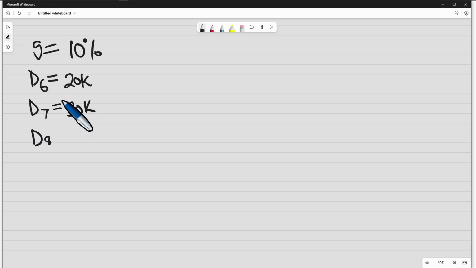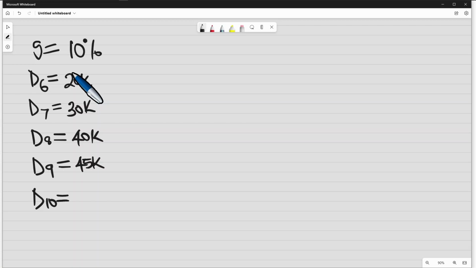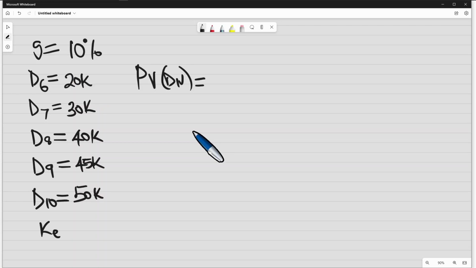D8 is 40 kobo. D9 is 45 kobo, and dividend year 10 is 50 kobo. Cost of capital is 15%.